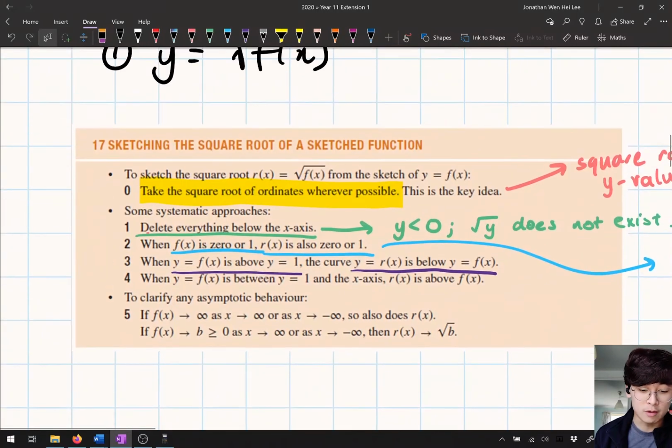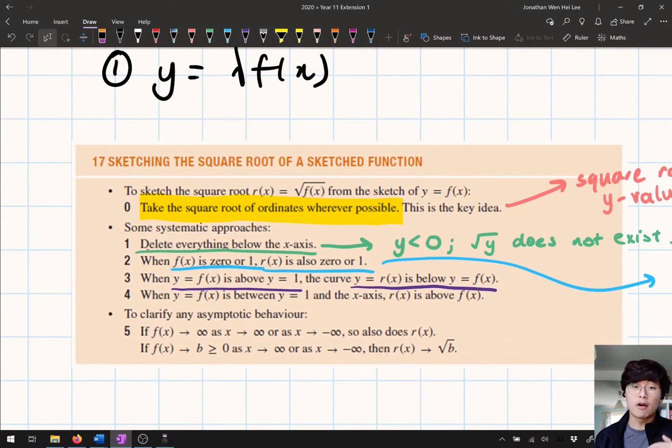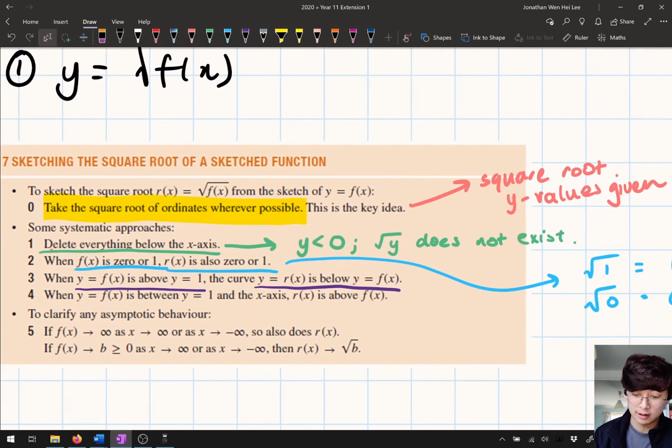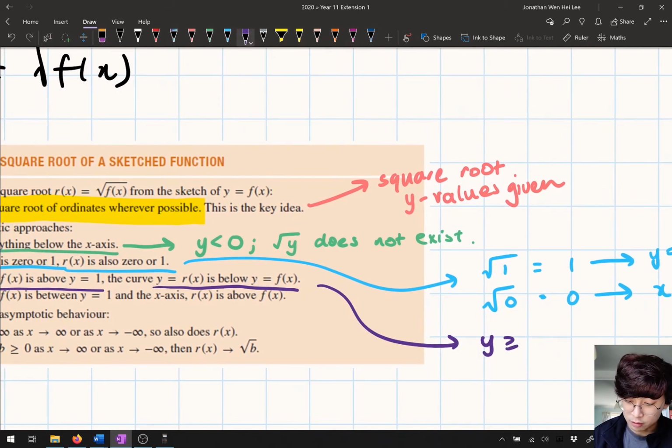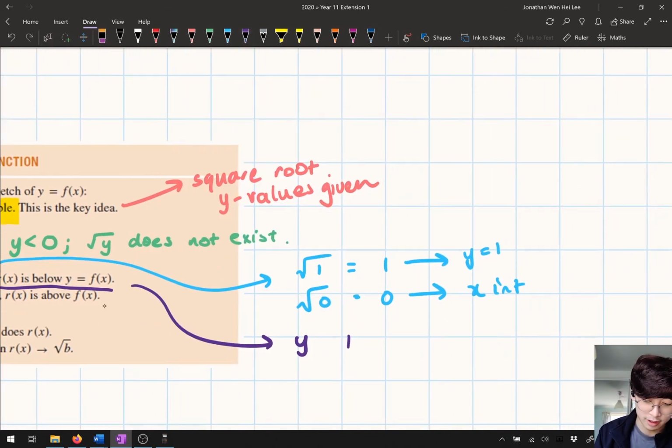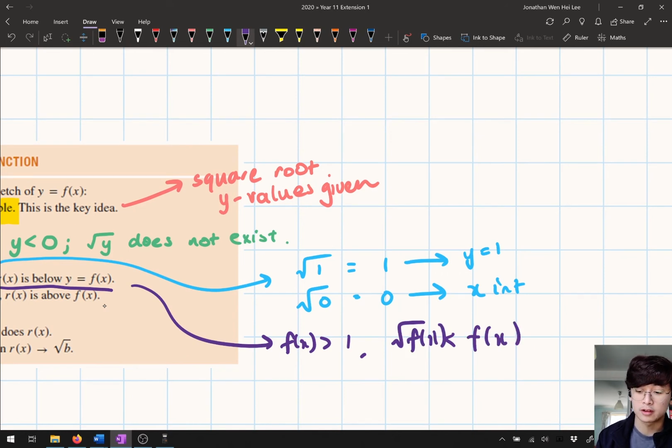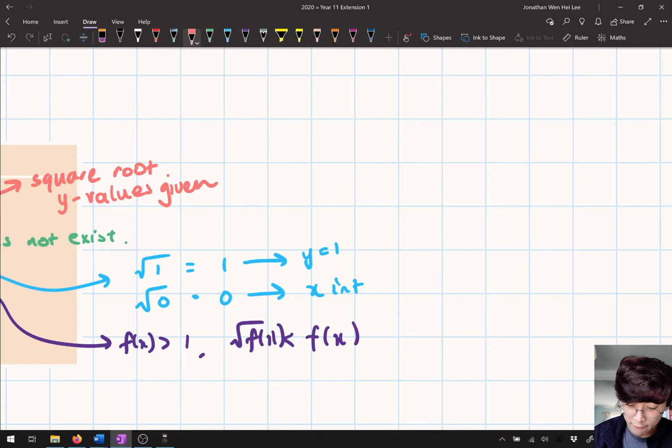So when y is greater than 1, square root y is going to be less than y. In f function notation, when f of x is greater than 1, the square root of f of x is going to be below it. So if I have my original function f of x over here and it's above 1, then the graph of the square root of f of x is going to be below it.